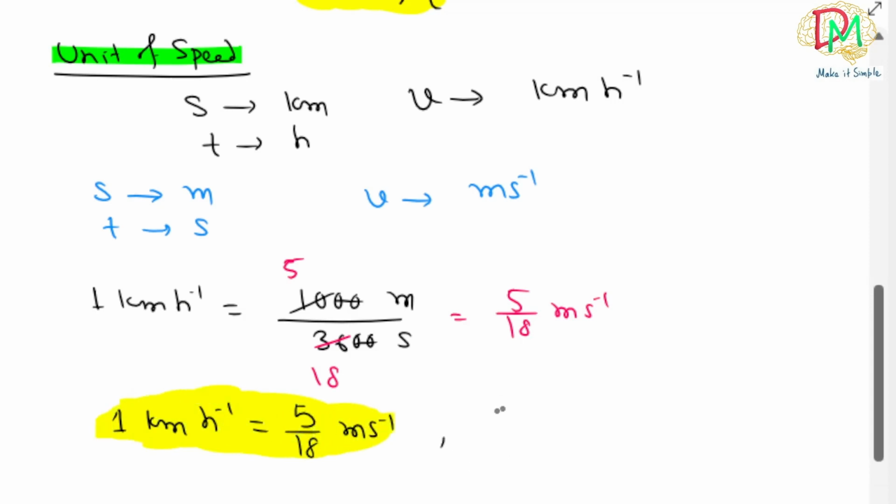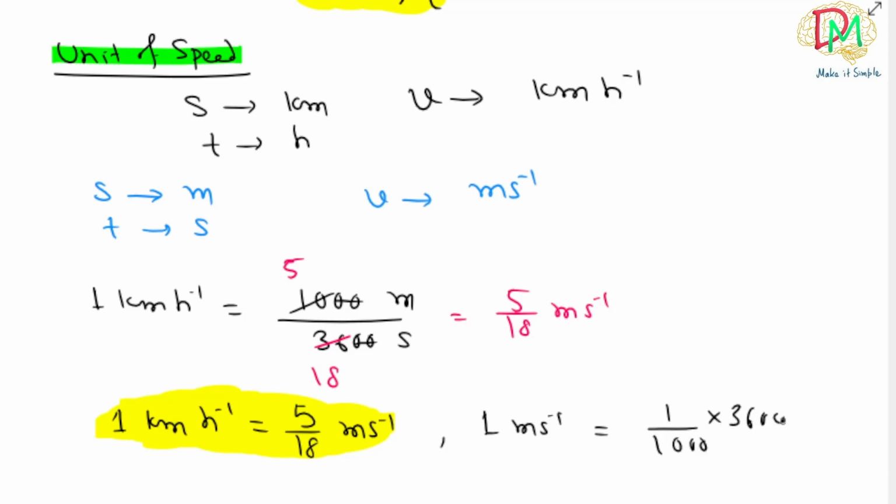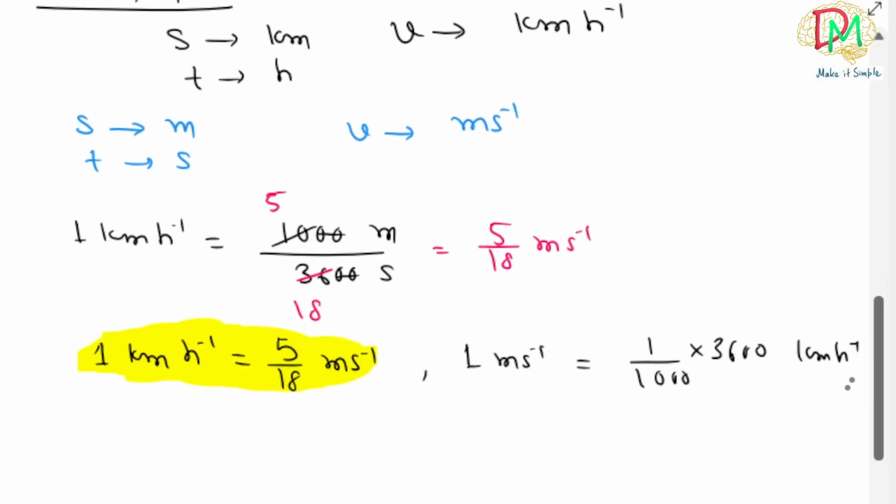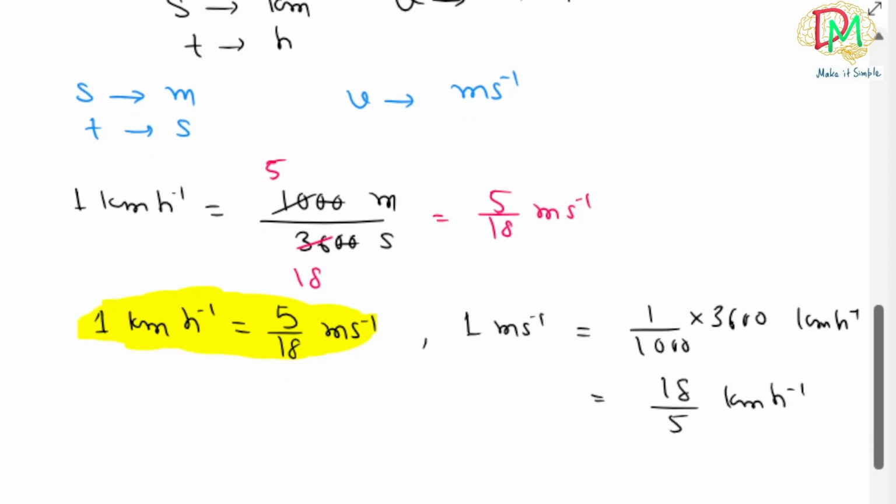And you can also derive that 1 meter per second is equal to 1 by 1000 into 3600 kilometer per hour, which is 18 by 5 kilometer per hour. So remember this also. Clear?